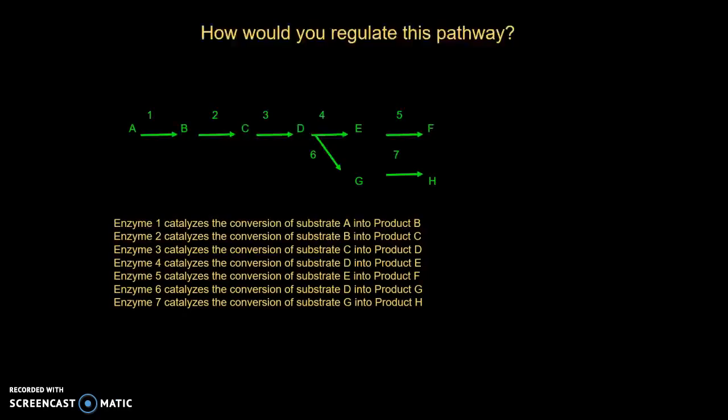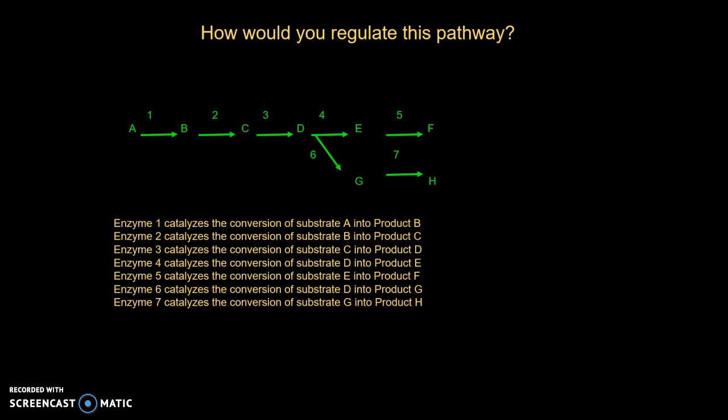I also wanted to talk a little bit about regulation of a pathway, so I'm going to stop this video and allow you to try to find a good regulation of this biosynthetic pathway.